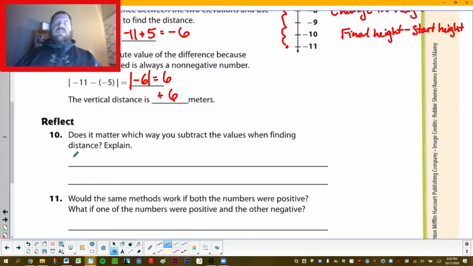It actually does. And I'm going to say, because we talked about this yesterday, because subtraction doesn't commute.